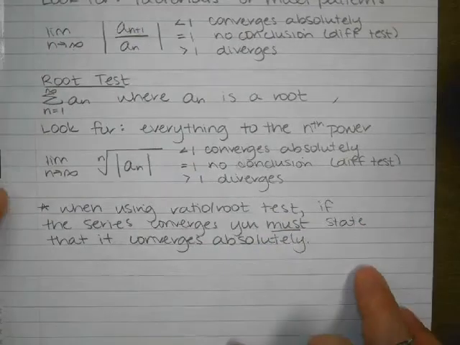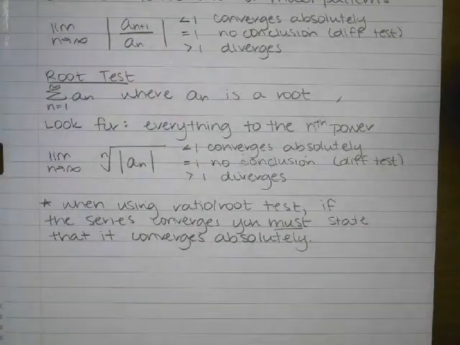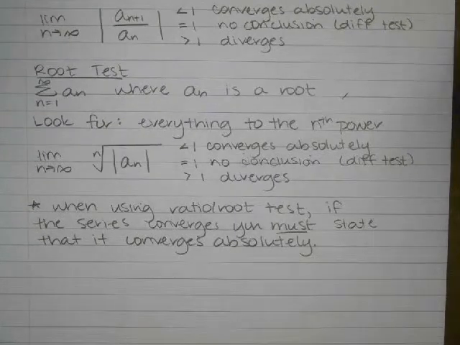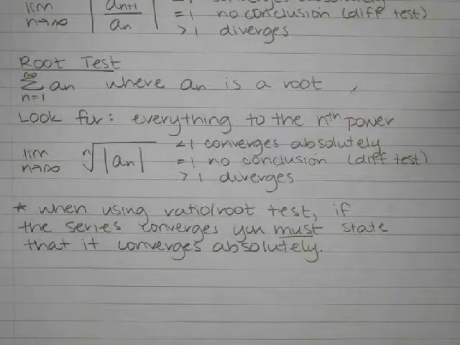So for these tests, there is no such thing as conditional convergence. It has to converge absolutely. All right. Now the ratio test is one of my favorites, honestly, and it's a very common test. It's one that we will use a lot, especially next unit.